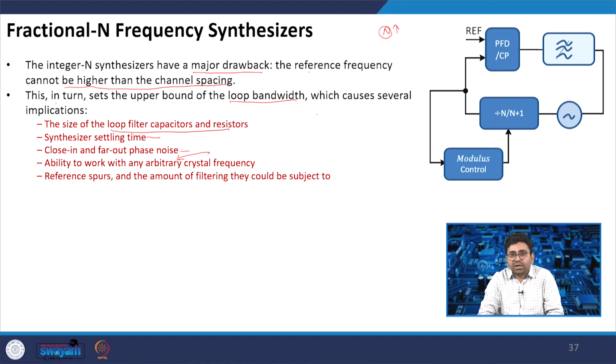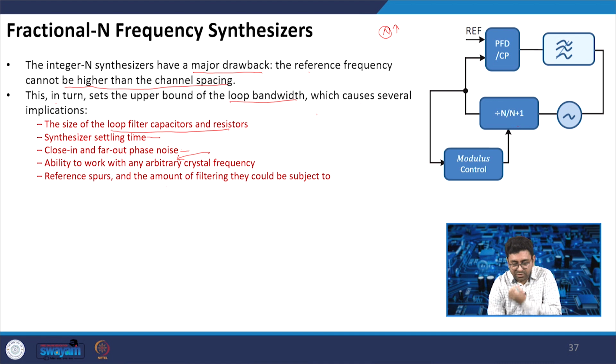If we can do fractional division of the frequency, that will help us get rid of the channel spacing and the minimum reference frequency requirement. So the integer-N frequency synthesizer can be redrawn here, with a divide by N and N plus 1.